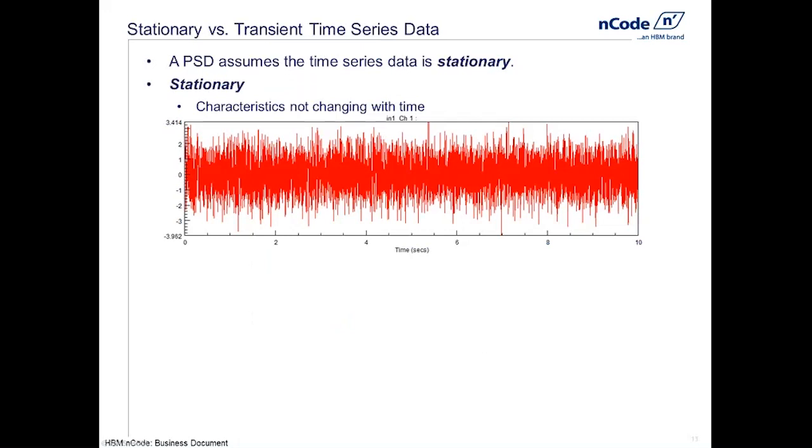If I were to grab, say, a 1 second long chunk of data somewhere in here and look at its statistics, like max and min and RMS, and then go grab another chunk of data, say a second long, just randomly, and calculate the statistics, they'd be quite similar. In other words, there's not things that are really changing. The loading information is pretty consistent second after second after second.